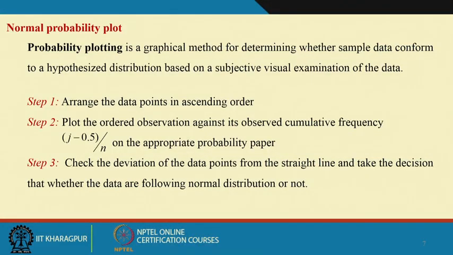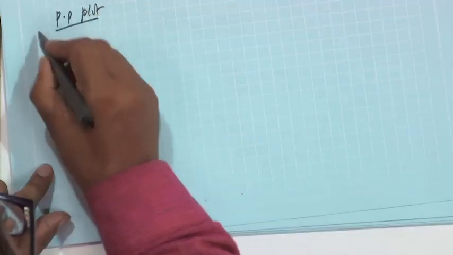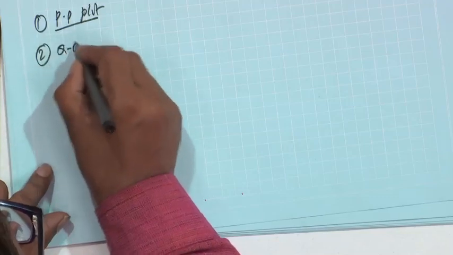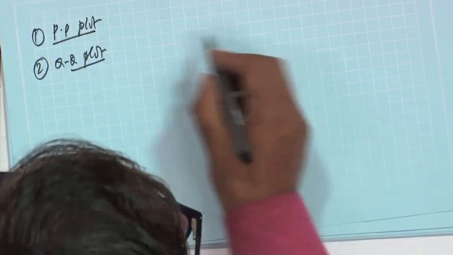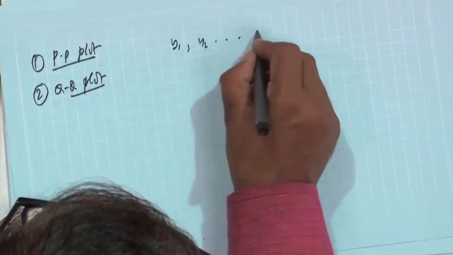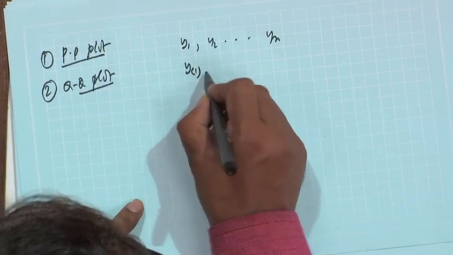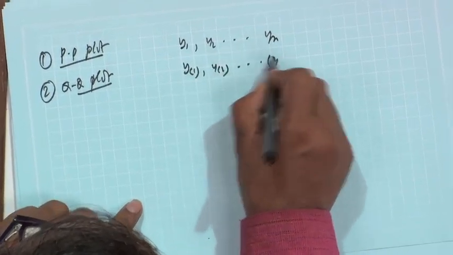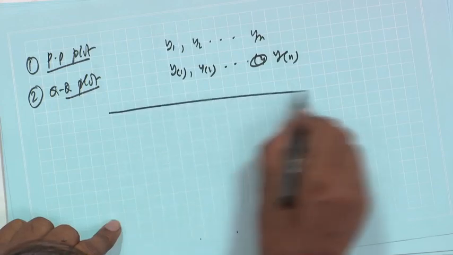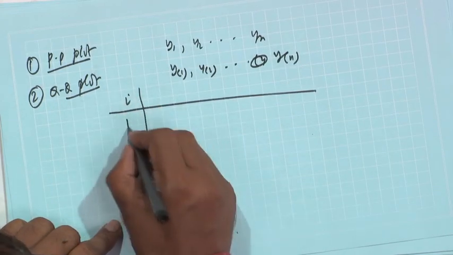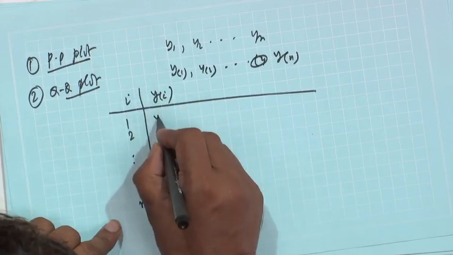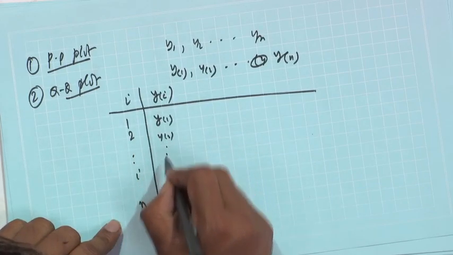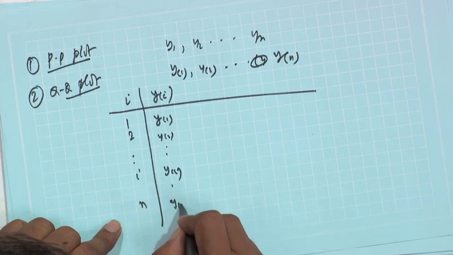I will show you two different plots. One is the PP plot, that is the probability plot. Another one is the QQ plot, that is the quantile plot. In the PP plot, when you have data from y1 to yn, you arrange them in ascending order. The data points are i from 1 to n, and your ordered data are y1, yi, yn.